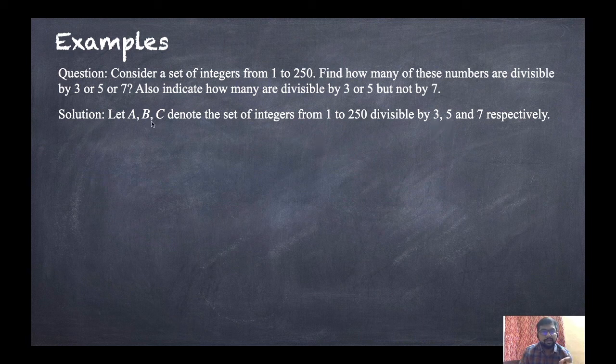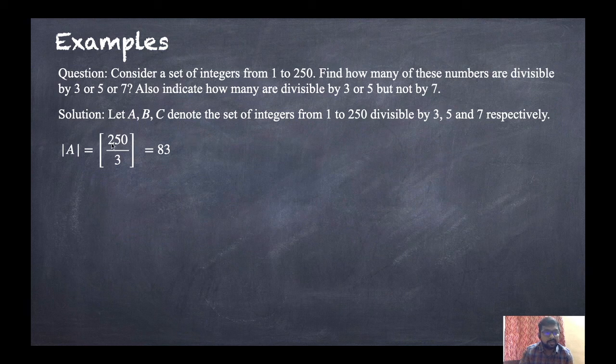That means A is divisible by 3, B is divisible by 5 and C is divisible by 7. Now we want to find how many of these are divisible by 3 or 5 or 7. First, what is the cardinality of A? Numbers 1 to 250 are there, and A is divisible by 3. How many numbers will be divisible by 3?